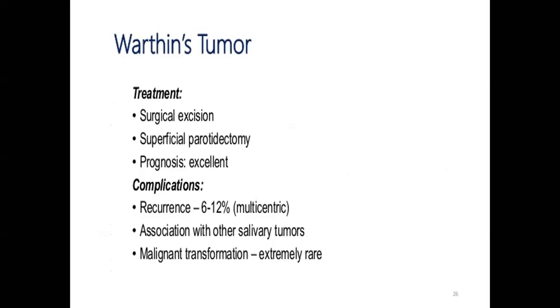The treatment is surgical excision, superficial parotidectomy. Prognosis is excellent. Recurrence is 6 to 12% in the multicentric tumors. It is associated with other salivary tumors. Malignant transformation is very rare.